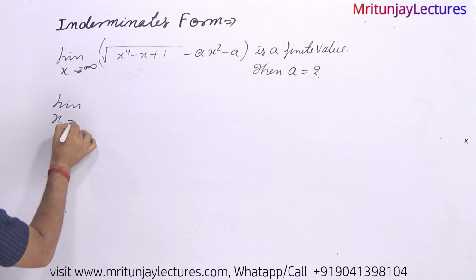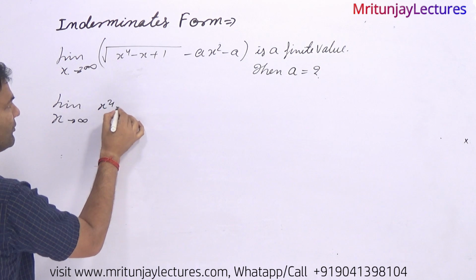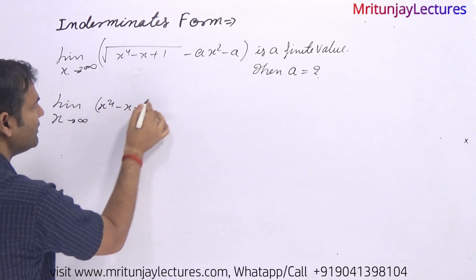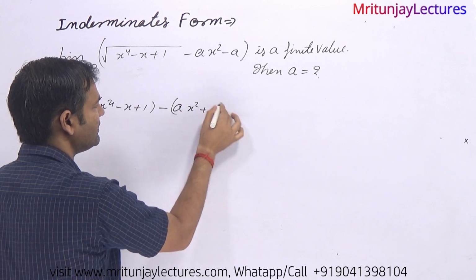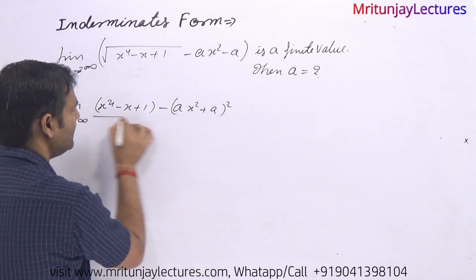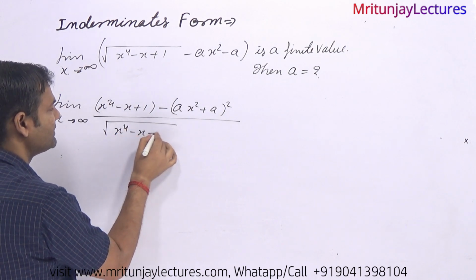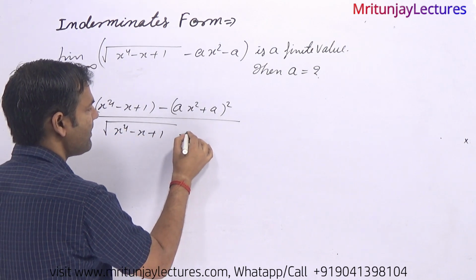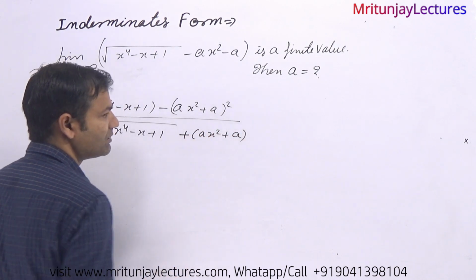So if we rationalize, we get x to power 4 minus x plus 1 minus ax square minus a whole square, divided by under root of x to power 4 minus x plus 1 plus ax square plus a. Clear or not?